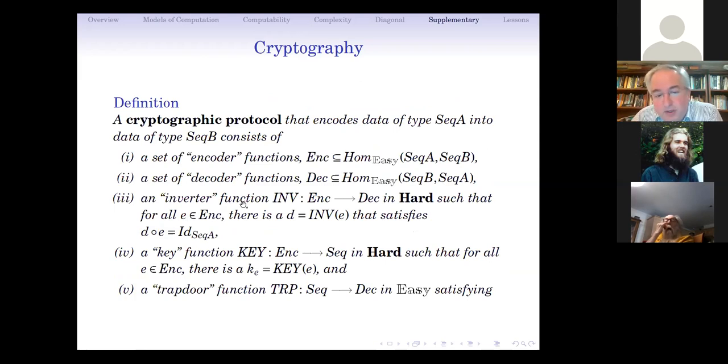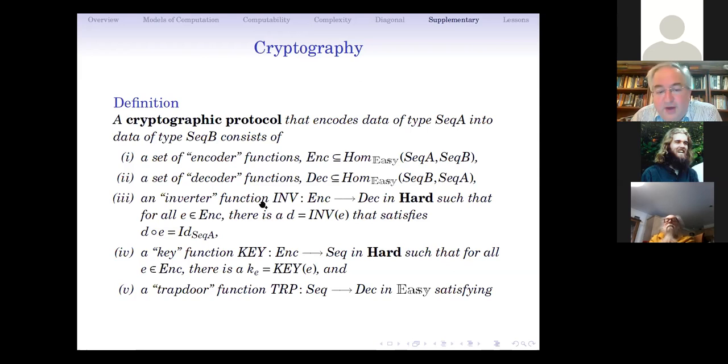This is the most important thing. The inverter takes an encoder and outputs a decoder. But the inverter is in hard. Okay, so again, these morphisms are easy, but the inverter is hard.